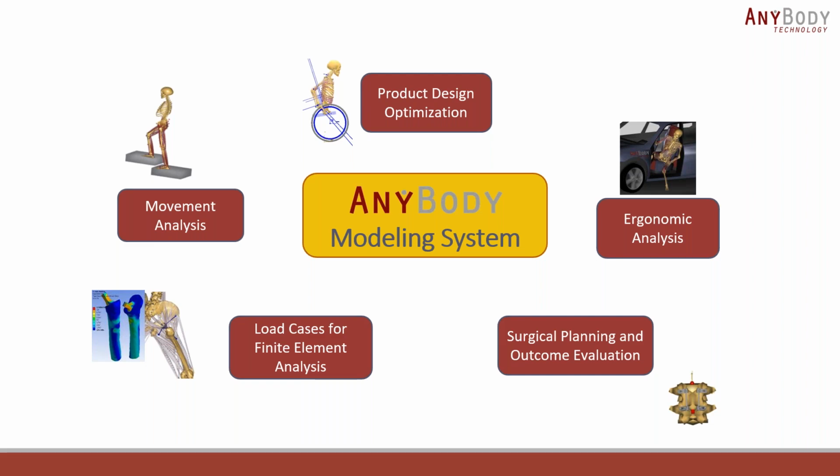It can also be used for product design optimization for all kinds of sports products or consumer products, for assessing the ergonomics of a workplace or a product, and for medical device tasks, for surgical planning and outcome evaluations. We could also look into boundary conditions for finite element analysis when this is needed, and this is going to be the topic of today.